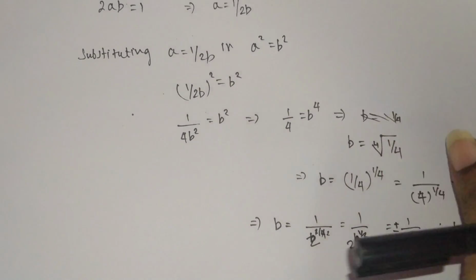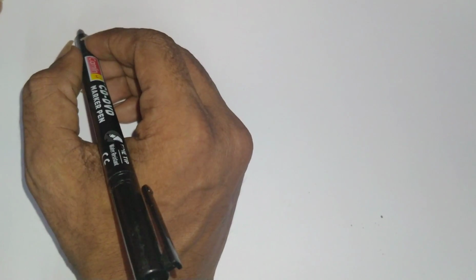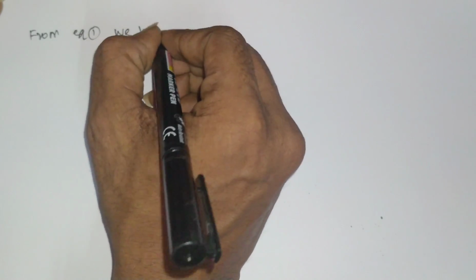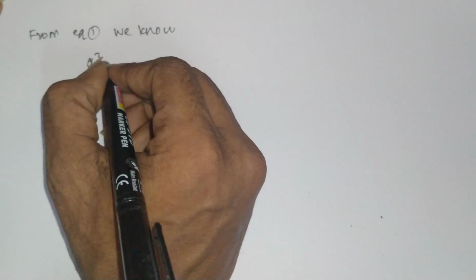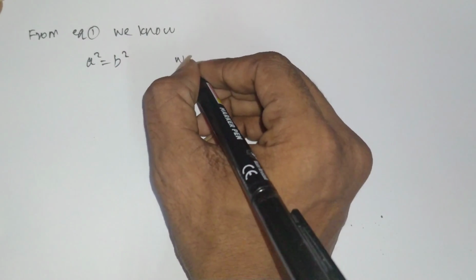So now, okay, let me change the paper. Now we know b equal to plus or minus 1 by root 2. We can substitute this value in equation 1, which is a square equal to b square. So the value of b is plus or minus 1 by root 2.